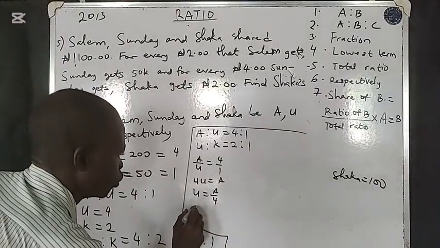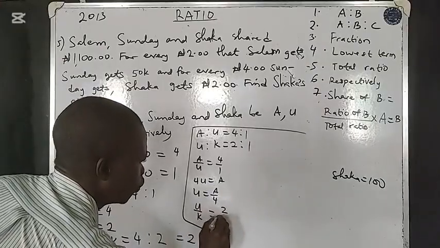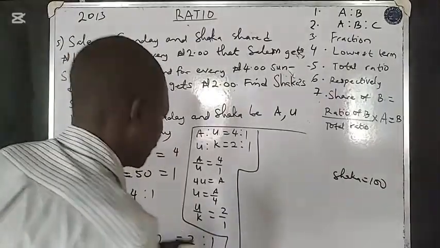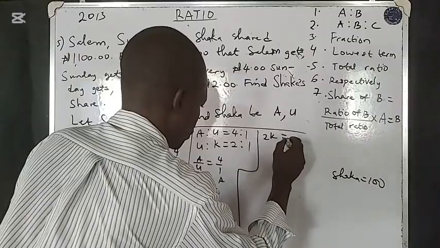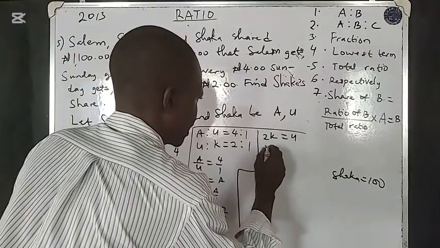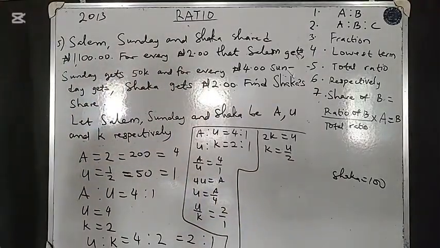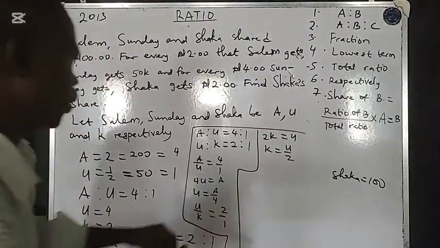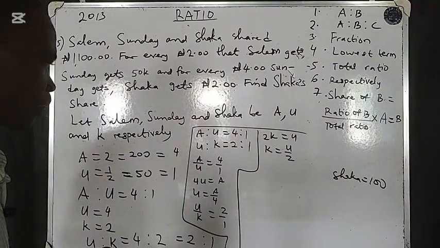Second one, U over K equals 2/1, and again we have 2K equals U. Then K equals U over 2. We made U the subject because U is common.